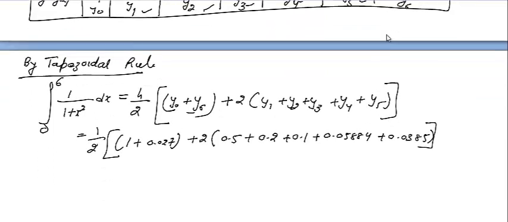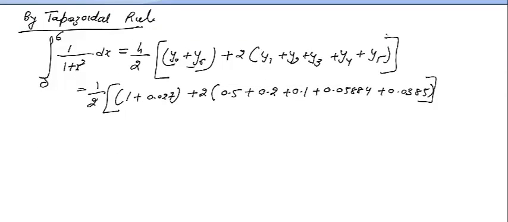Correct? So 1 by 2, when you add these values, you will approximately get 1.027.